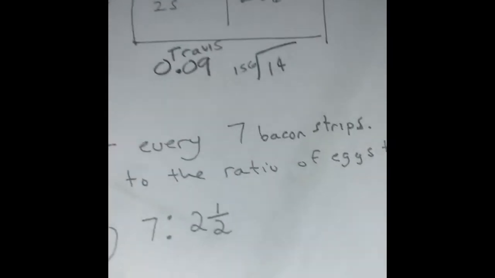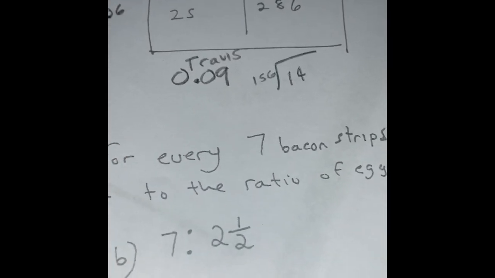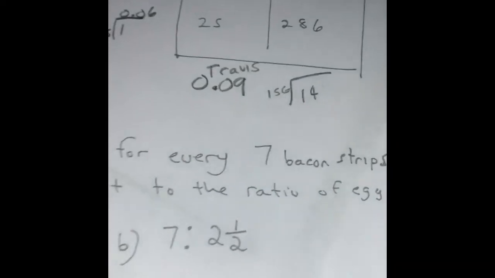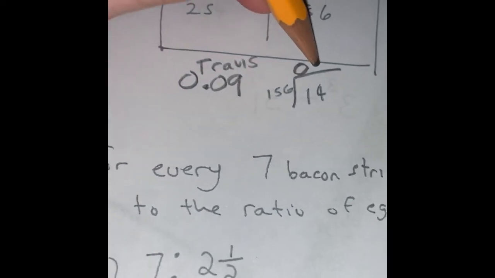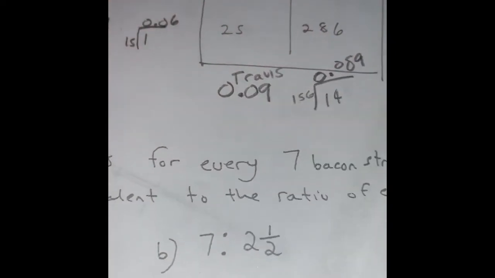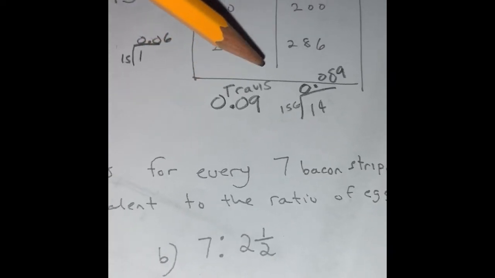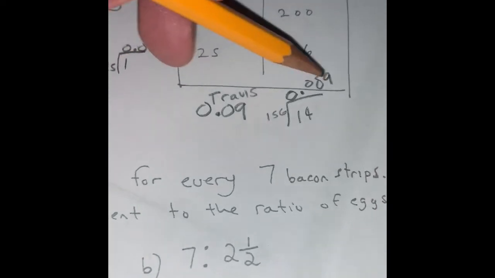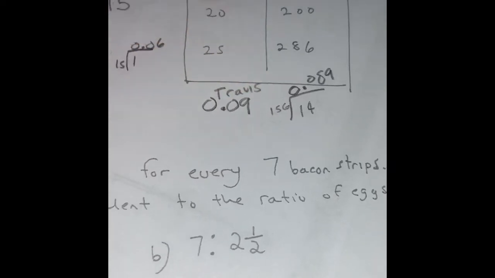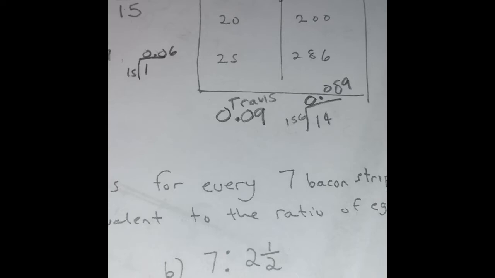If I divide those out, 14 divided by 156, I will end up getting 0.089, which is extremely close, and actually rounds up to 0.09. So I'm going to put a question mark and try the next one.